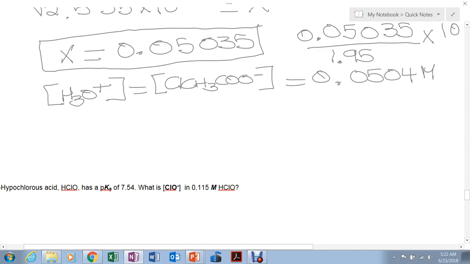Okay. And the next one would be the concentration of the acid in equilibrium. I always forget to put the aq, don't forget. It's the same here.